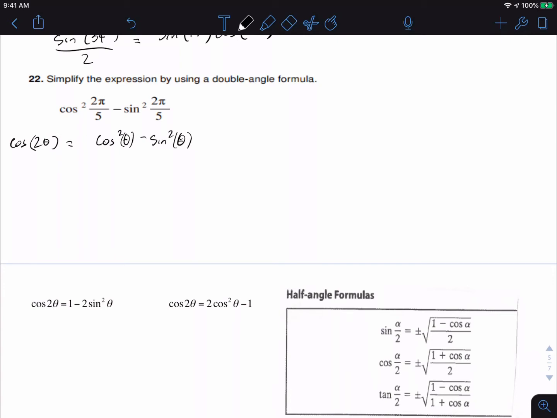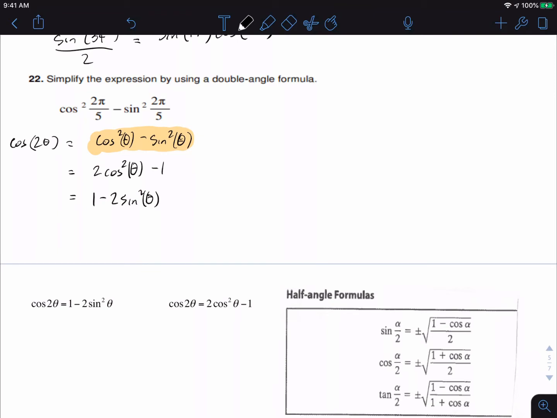It's an identity that I've taught you guys. We also know the identity is 2 cosine squared theta minus 1, or it could be 1 minus 2 sine squared theta. Those are the 3 identities for cosine of 2 theta. But we can see in this one that the one we clearly want to use is this one, right? Because we have cosine squared of an angle minus sine squared of an angle.